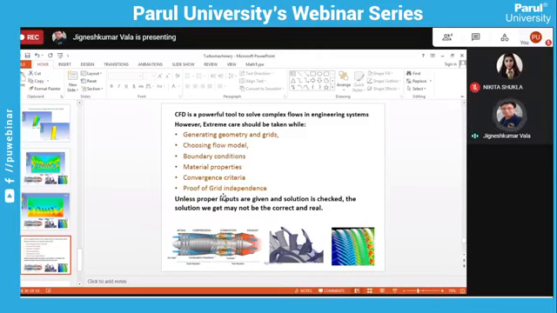Unless the proper inputs are given and the solution is checked, the solution we get may not be correct and clear. Computational fluid dynamics is a very powerful and very complex software, and we must identify how we can improve the result. Using this technique we can improve the efficiency in the turbomachinery field, right?